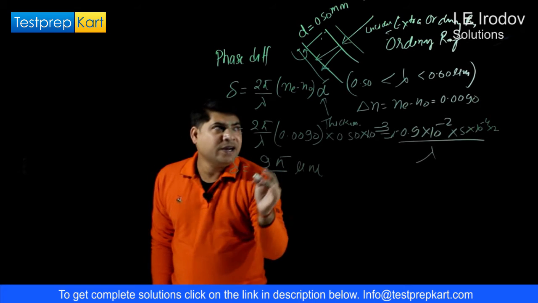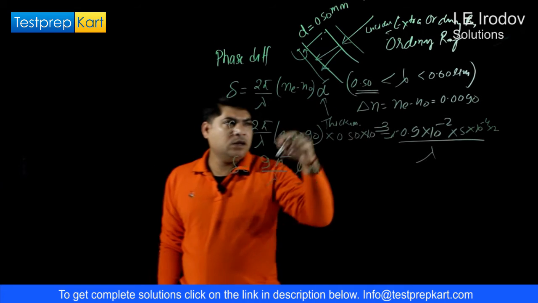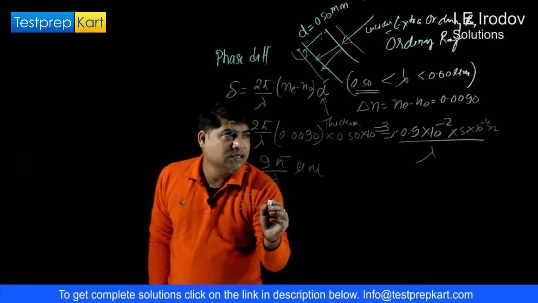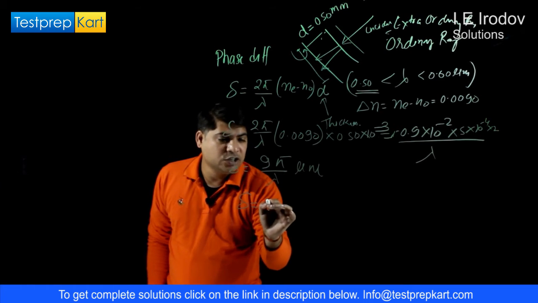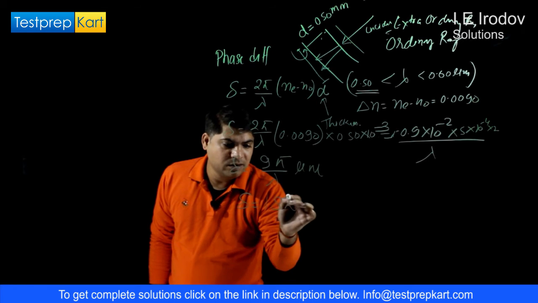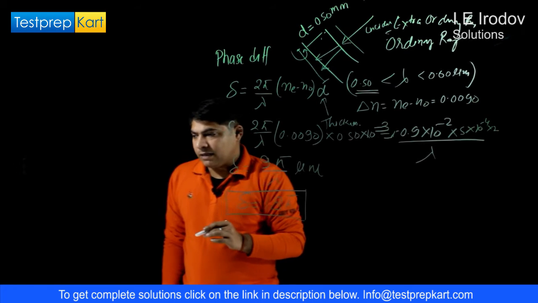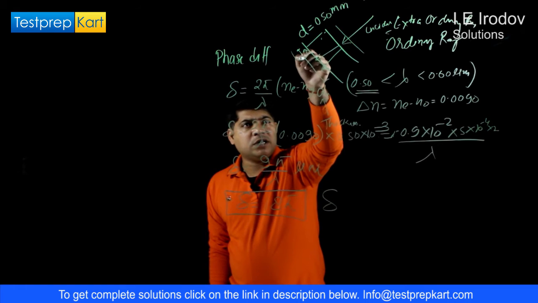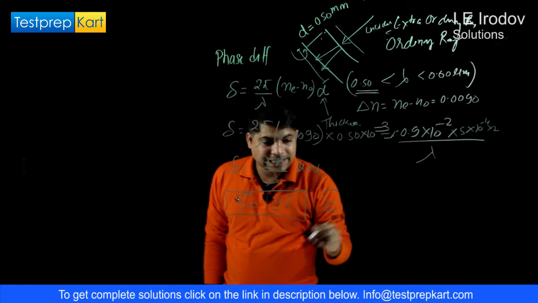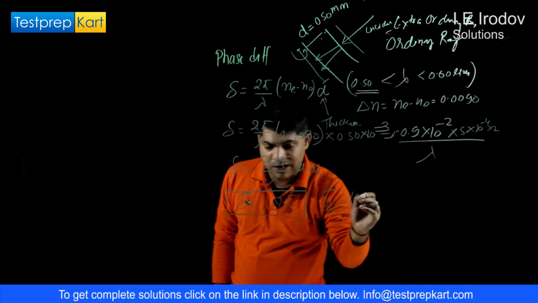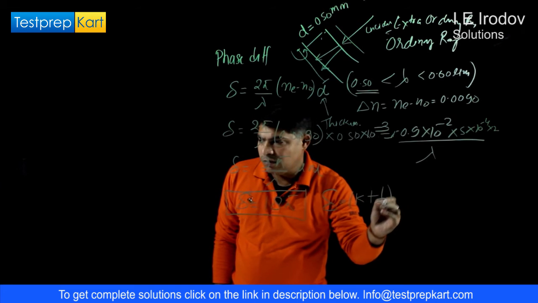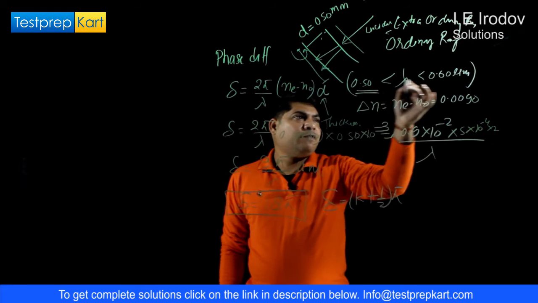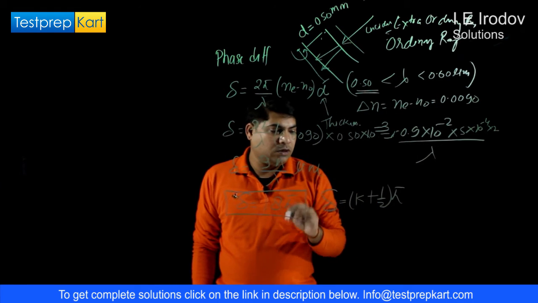So we'll get 9 pi over lambda. Now if we take the lower wavelength, 0.50, then delta is equal to 18 pi. This delta would be independent of rotation of the rear prism when it is (k plus 1/2) pi, in this range of 0.50 to 0.60, right?